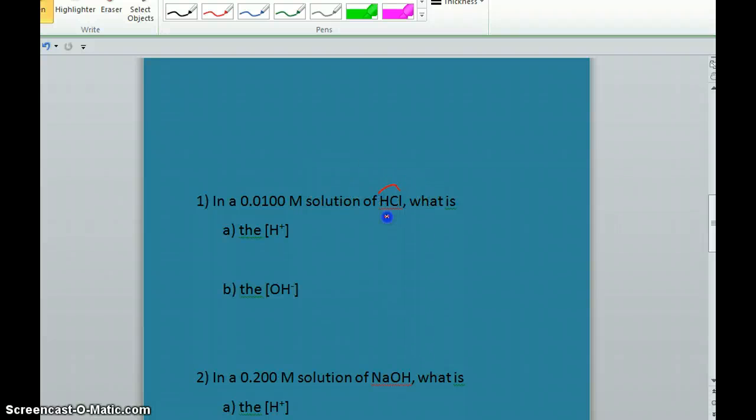Well, since hydrochloric is a strong acid and therefore completely dissociates into protons and chloride ions, if you have 1/100th of a mole per liter of hydrochloric acid, then you will have 1/100th of a mole per liter of protons. So we can say the proton concentration is the same as the strong acid's concentration in this problem.